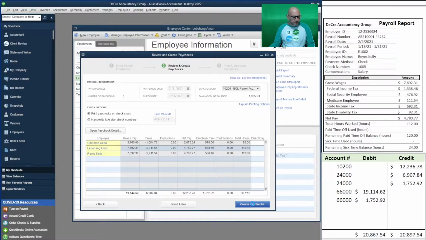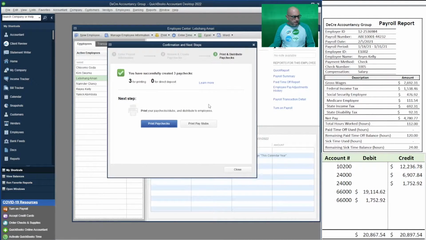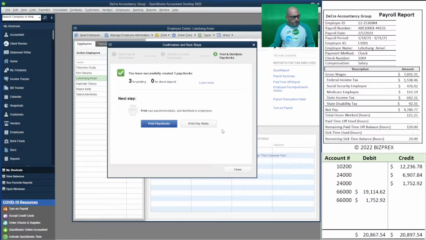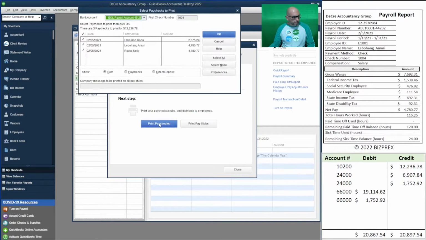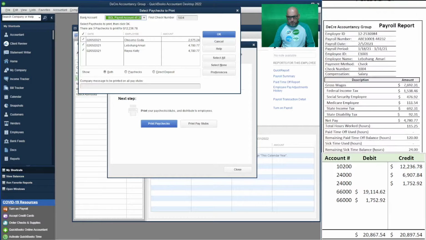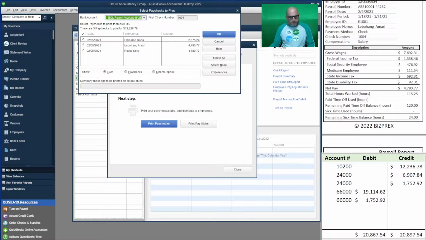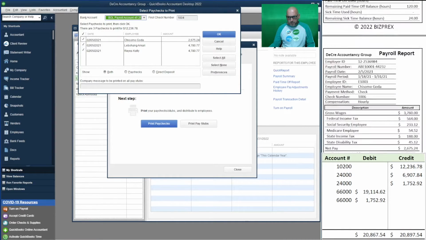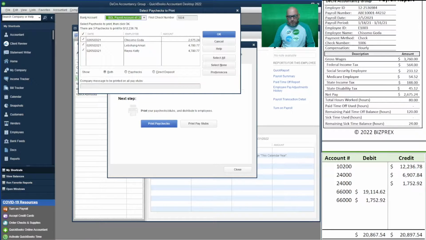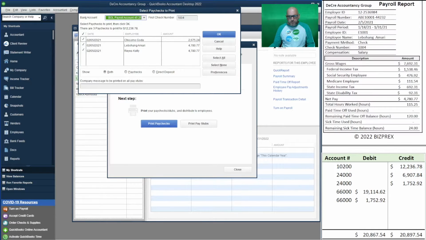Great, checks. Let's take a look. Yep, see, the net looks good. Net looks good. Net looks good. First check is going to be 4.